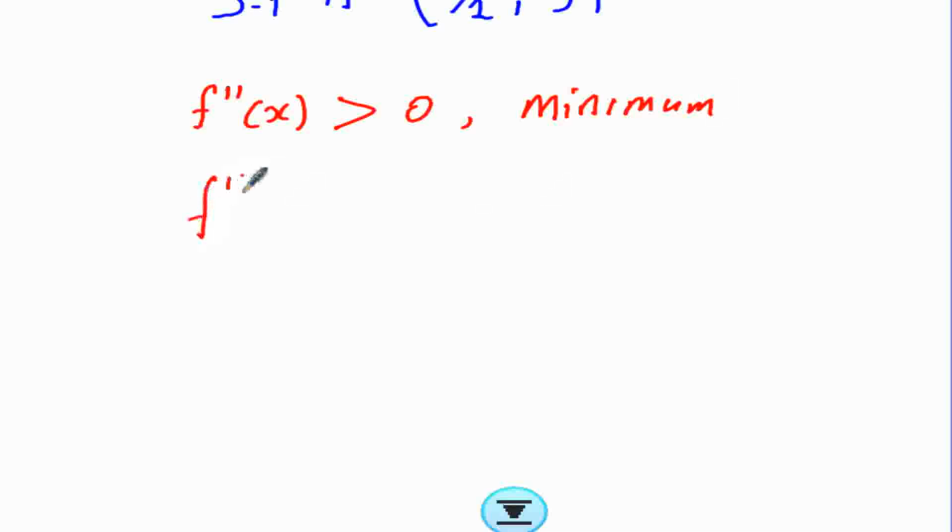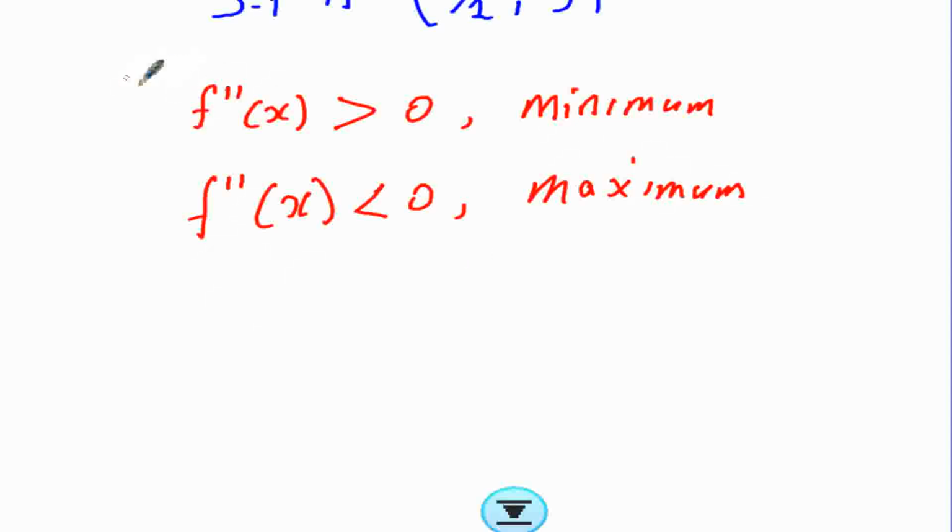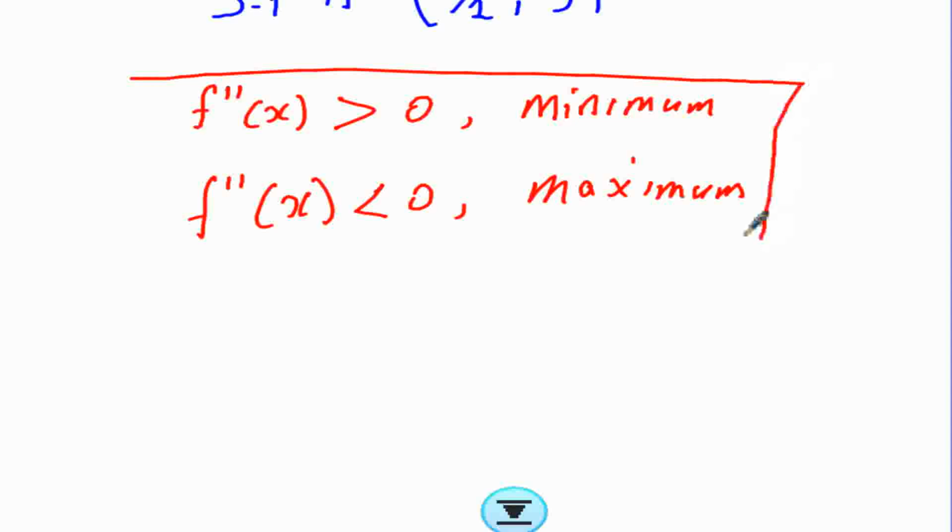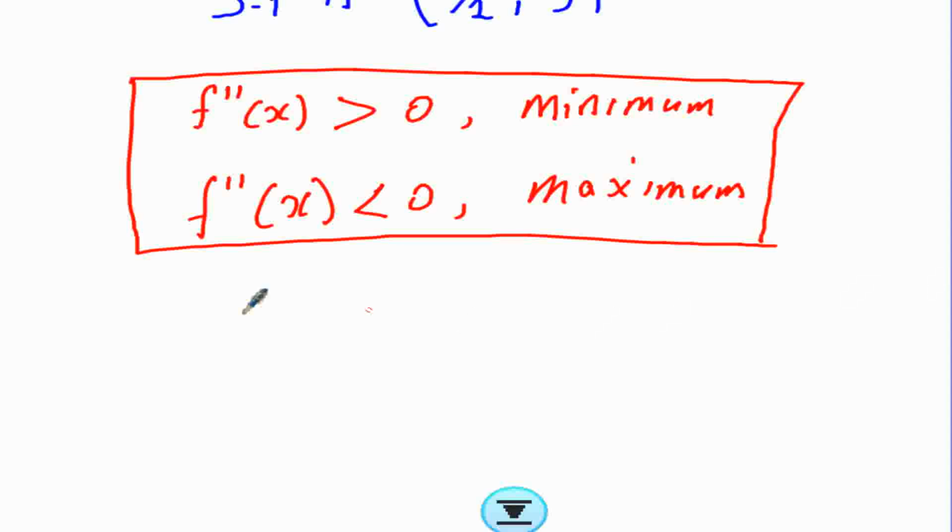And if the second derivative is less than 0, our turning point will be a maximum. So let's use these two facts to determine the nature of our turning point.